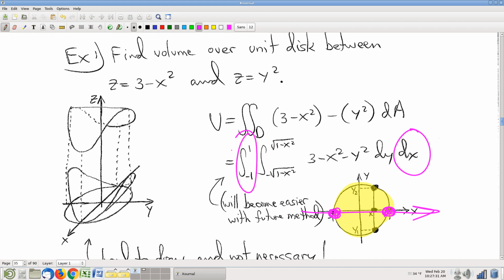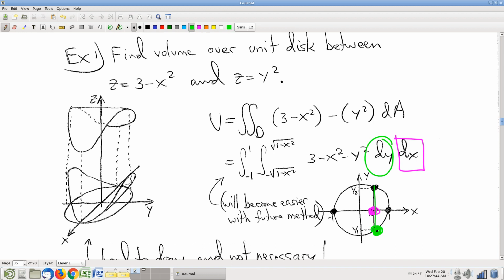Now let's fix a given value of x. With that fixed, we ask what is the range of values of y? Well, y is going to start there and end there. Those points are determined by a curve that has an equation in which you can solve for y.